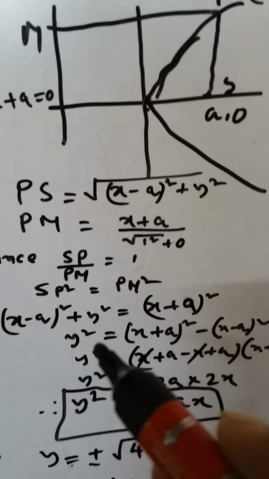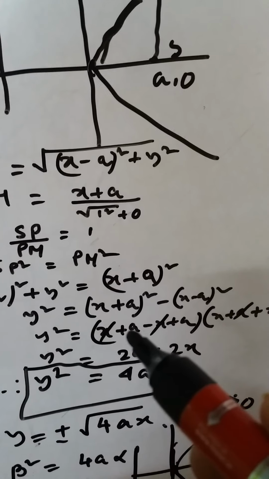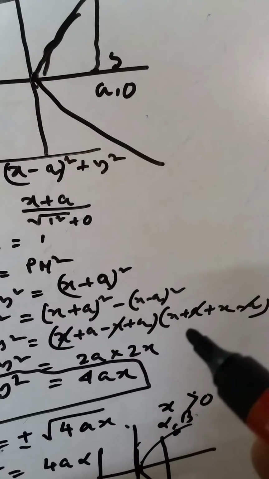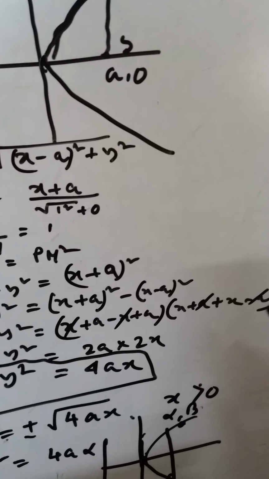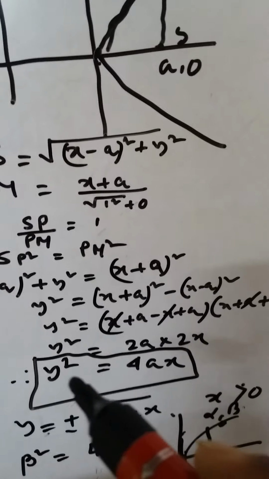So y square equal to x plus A whole square minus x minus A whole square. Then y square equal to x plus A minus x plus A, x plus A plus x minus A. Cutting this, we get y square equal to 4ax.